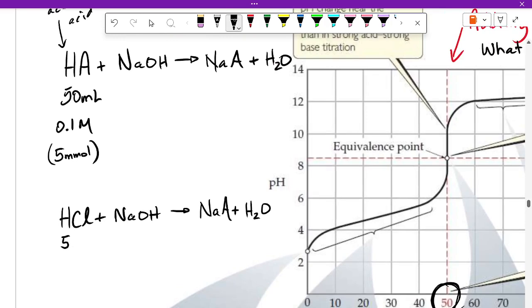And again, this is 50 milliliters, because we didn't change the volume, we didn't change the molarity, we just changed the substance. So we still have 5 millimoles. And the NaOH concentration is still the same, 0.1 molar. In order for neutralization to be complete, how many millimoles do we need? We need 5 millimoles.